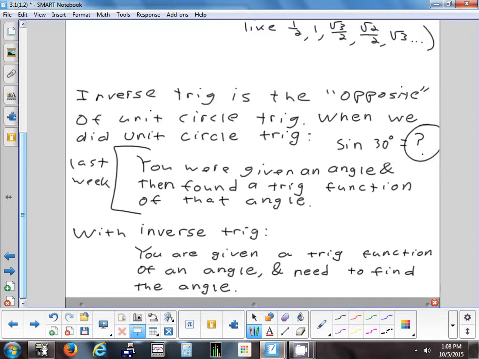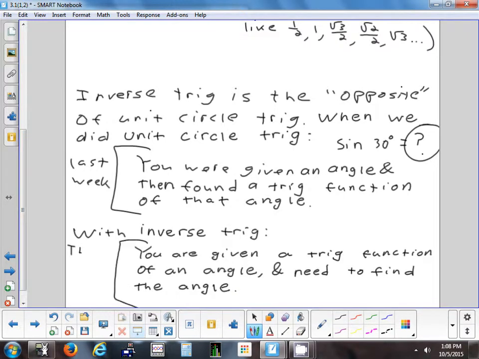This is what we're doing with inverse trig. This is this week. Instead of you giving me the question mark, I'll tell you the question mark. I'm going to ask you for the angle. That's what you're finding this week. So I'm asking you, what angle would I take the sine of? And the answer would come out to be 1/2. And that's where this chart is going to come in handy.